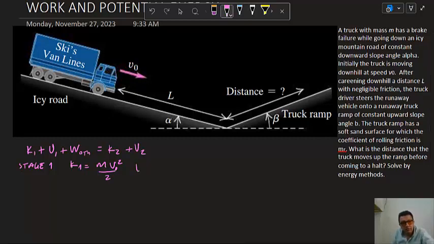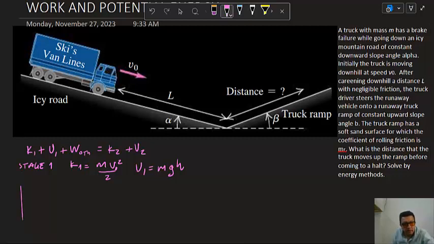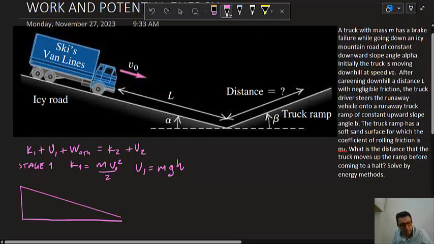But for potential energy 1, we need mass, gravity, and some variable, the height of this icy road at the moment of the start. So we can make a simple but powerful diagram. This is the slope.